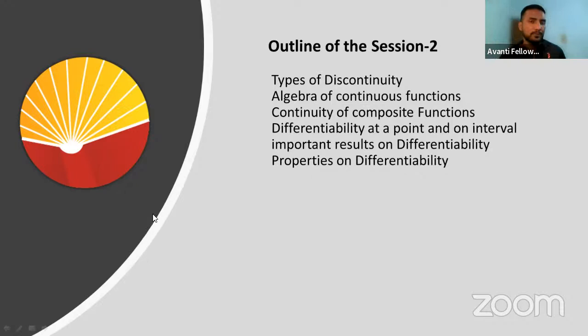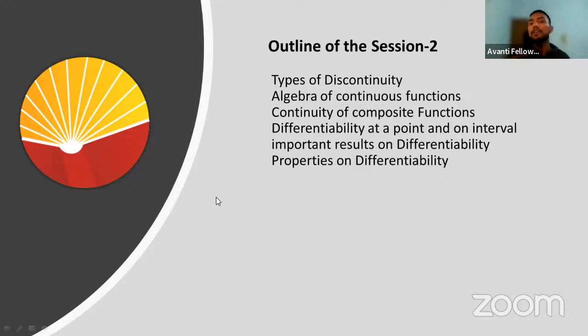So we have discussed till discontinuity. What I told you in the previous classes, I know it was 1 month back, but still this is the easy concept that we discussed: continuity. I told you that if any function is continuous at any point x equals a, you need to find the LHL, left hand limit, and the RHL, right hand limit, and the function value f of a at that point.